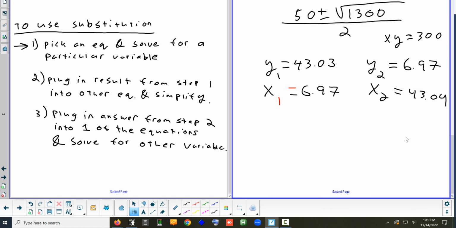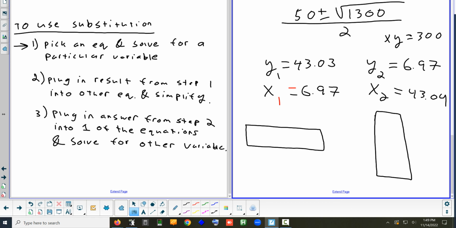And the reason those 2 answers are the same is because, remember, this problem was originally about a rectangle. There are 2 rectangles that could have the area and the perimeter that we said earlier. You could think of your rectangle like that, or you could think of your rectangle like that. Technically, it is a different number for the length than for the width.